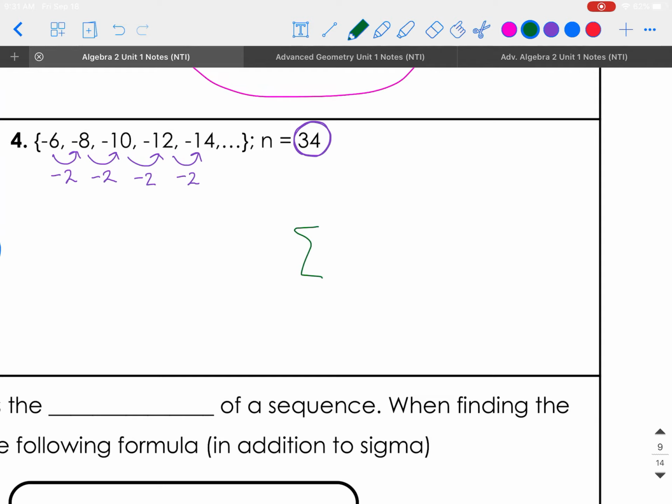I know I'm going to use sigma, so I'm going to go ahead and start filling that in. N equals 1 goes at the bottom. 34 goes on the top. And then I have to figure out what that formula is.